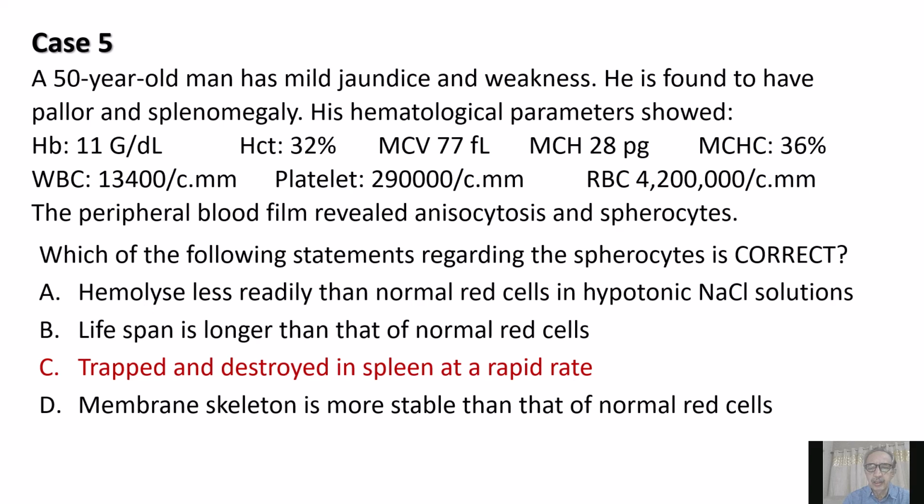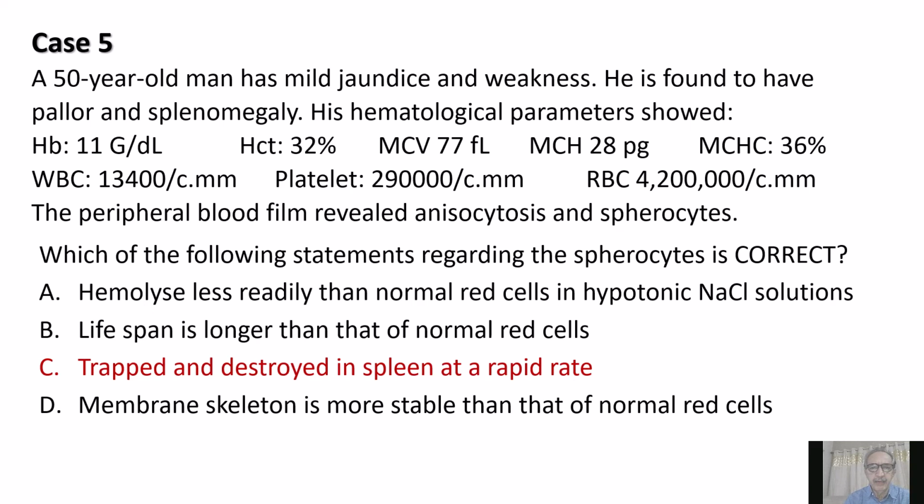They also do not carry oxygen as well as normal RBCs because their surface area to volume ratio is less. They're more spherical, not biconcave. So oxygen carrying capacity is reduced. So there is some amount of hemolysis here.